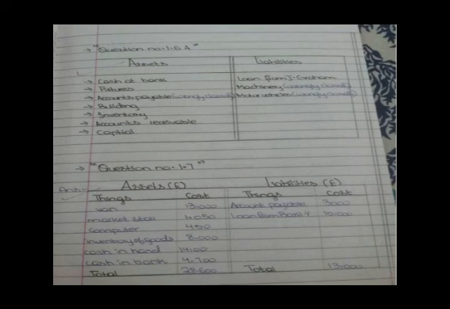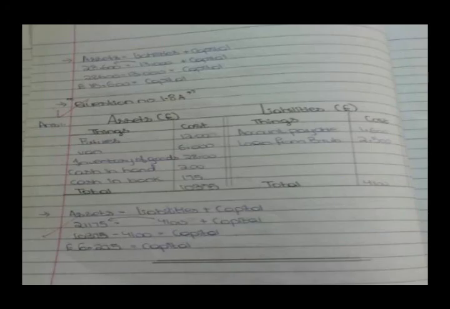In question 1.8, assets and liabilities are given and you have to calculate the amount of capital, right, by simply putting the values into the equation, that is assets equal to liabilities plus capital. You will add all the asset accounts and all the liabilities, and after that you will subtract liabilities from assets and you will get the amount of capital.